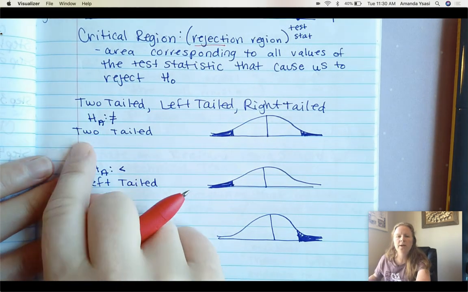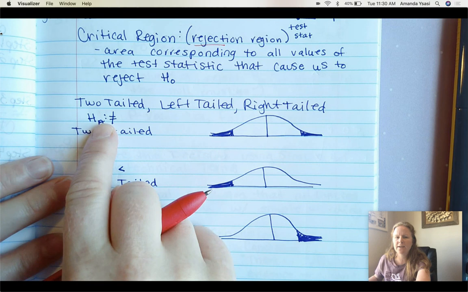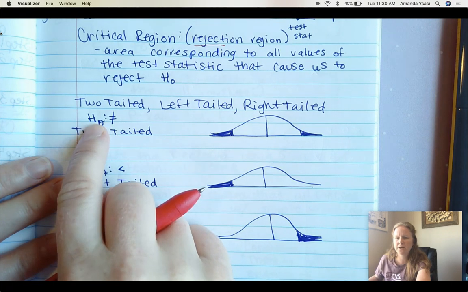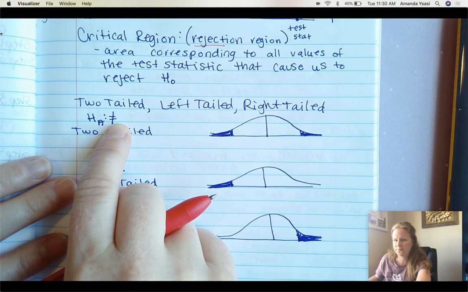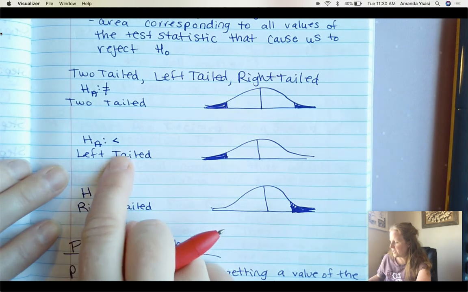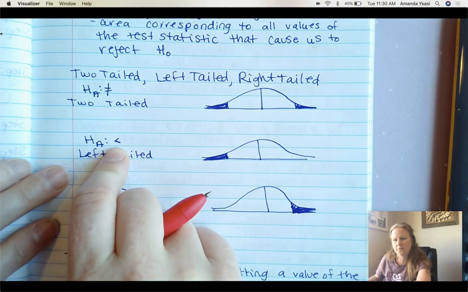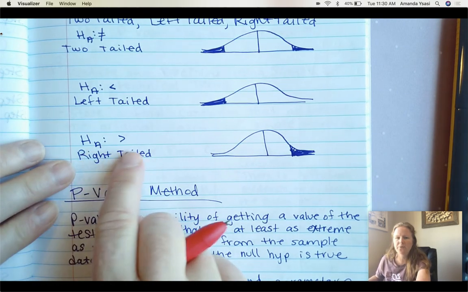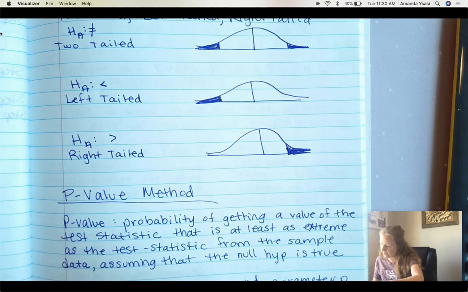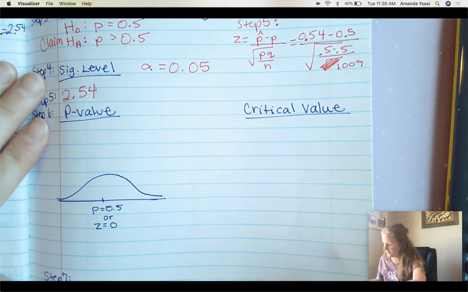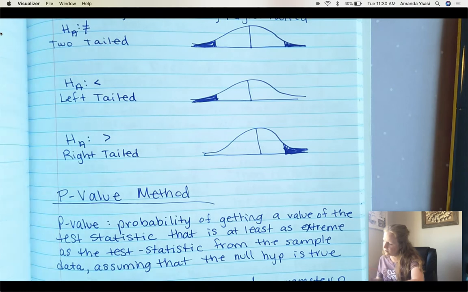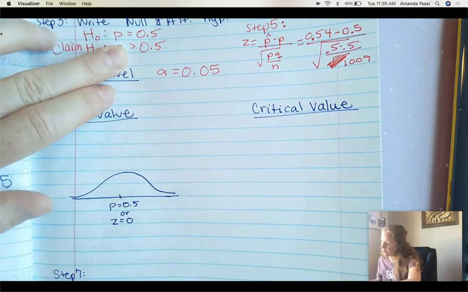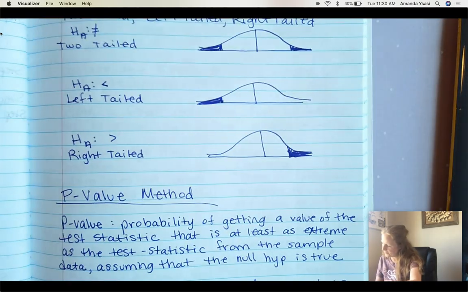The only way you use a two-tailed test is if your alternative is the not equal. You're going to use a left tail if we have the less than symbol, and then a right tail if we have greater than. And in this case, we have greater than. So we are going to look at that greater than 0.5.